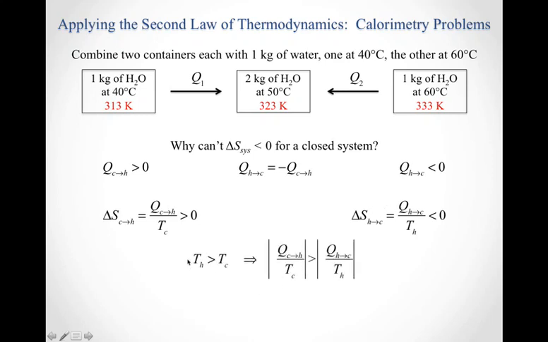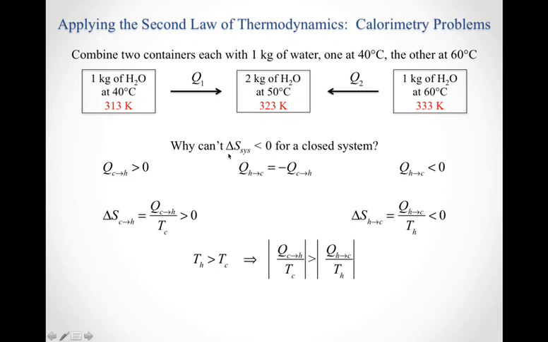And so because the hotter temperature is larger than the colder temperature, when you take the same thing and divide it by these two temperatures, the one where you divide it by the smaller temperature gives you something bigger at the end. The entropy change that happened at the colder temperature is going to be larger than the entropy change that happened at the hotter temperature. The entropy change that you know is positive always has to be greater than the entropy change that you know is going to be negative.